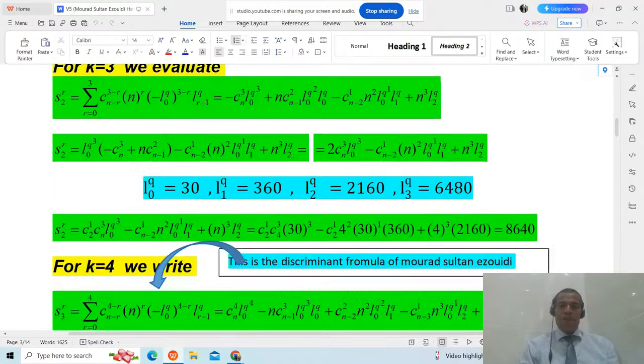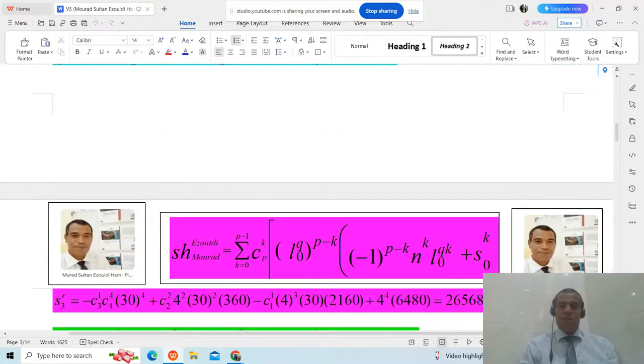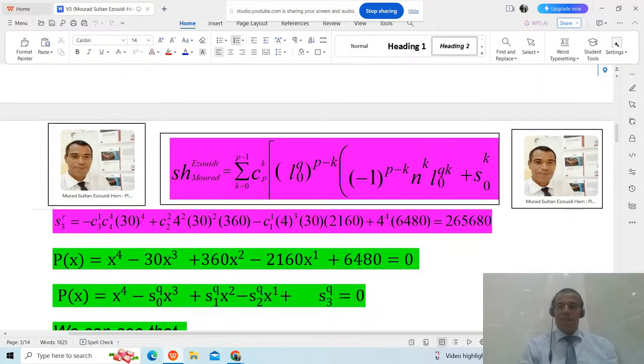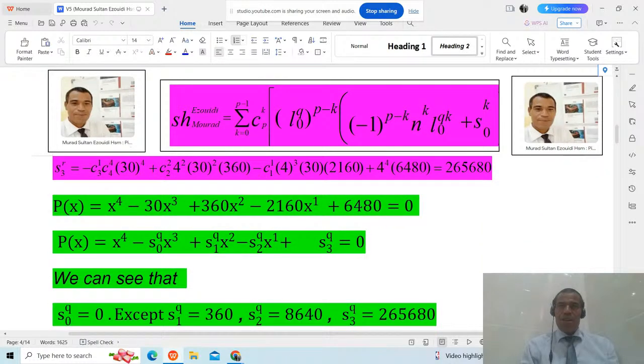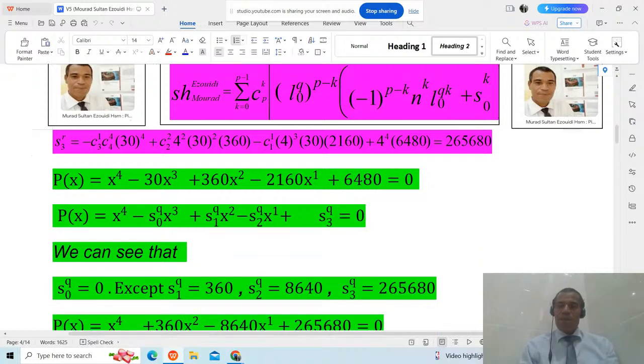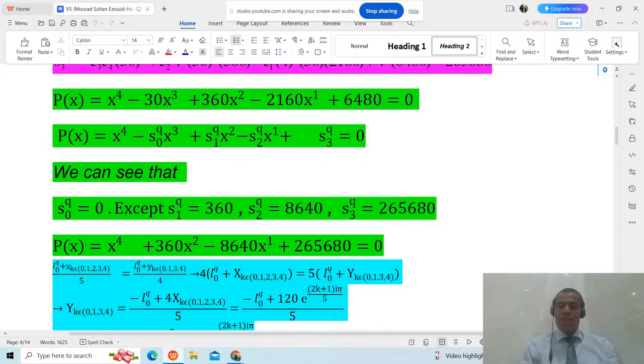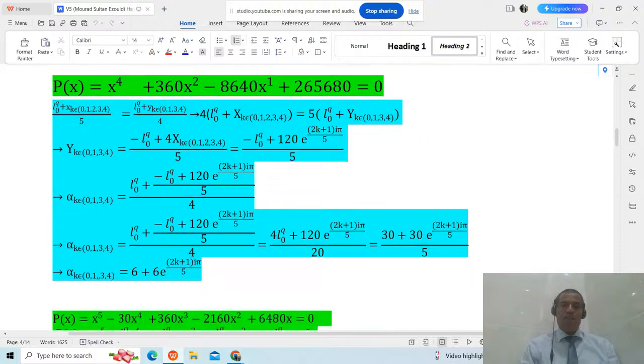Before forgetting, the roots of this polynomial, learners, are written as alpha k, k belonging to 0, 1, 3, 4, equal to 6 times (1 plus exponential 2k plus 1 pi over 5). Meaning the roots of this polynomial to the power 4 are 6 plus 6 exponential 2k plus 1 pi over 5.